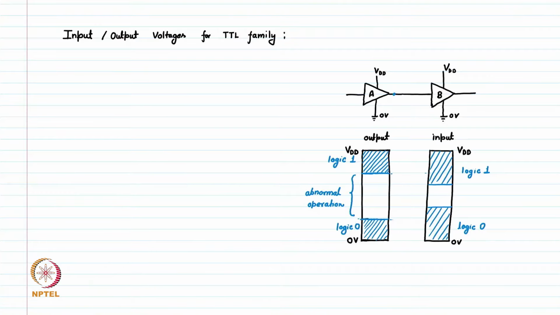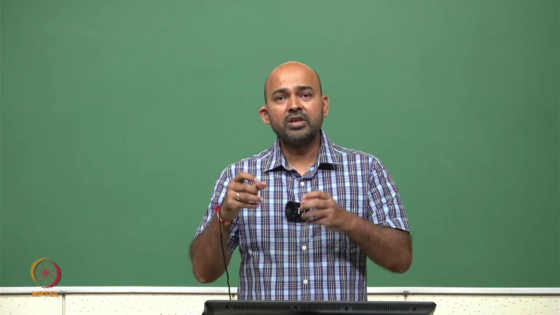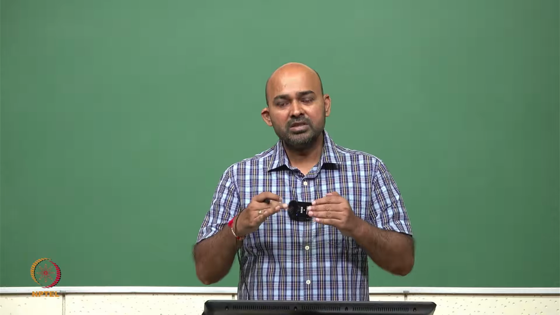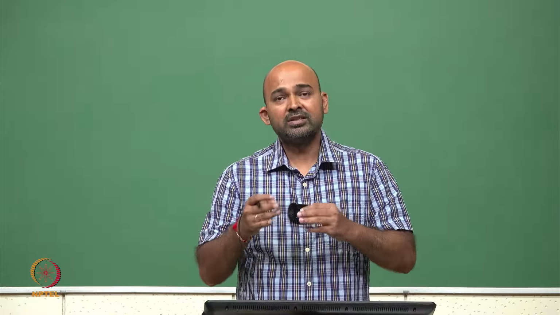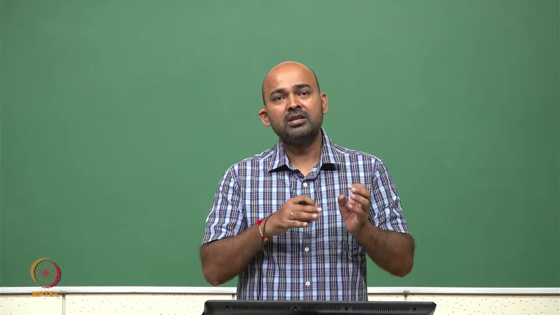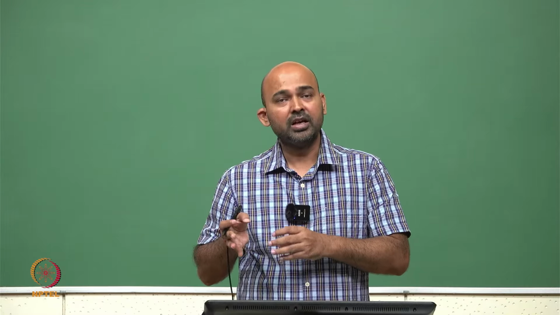For example, let us say this value is 4.8 volt. If we define 4.8 itself for the input also, because of the mismatch when we fabricate these gates, this 4.8 is not exactly 4.8. We need to have certain margin so that it is perfectly detected by the input.